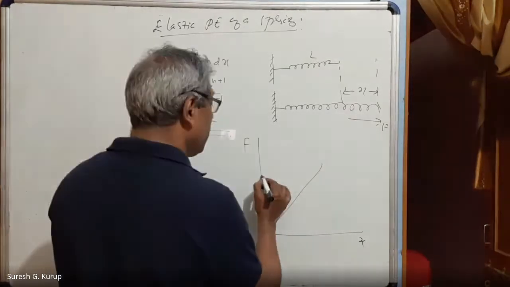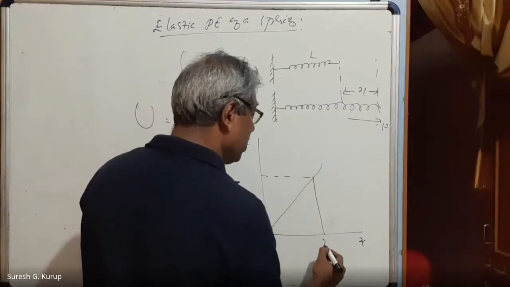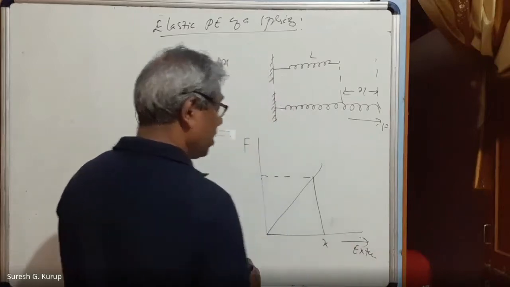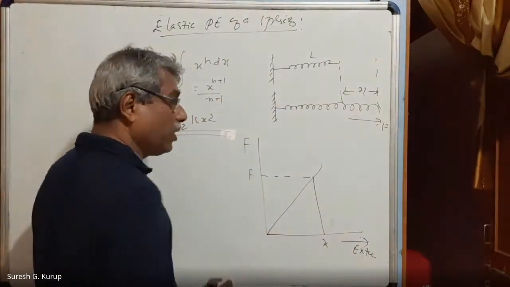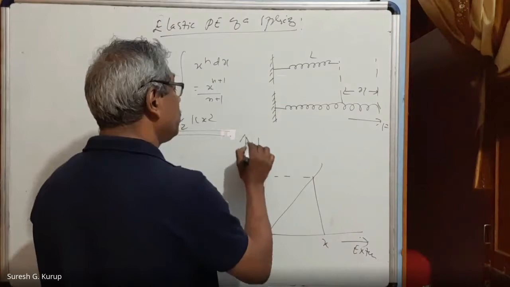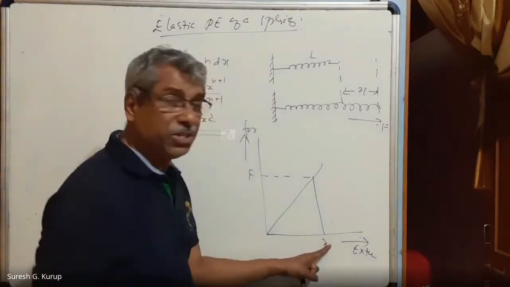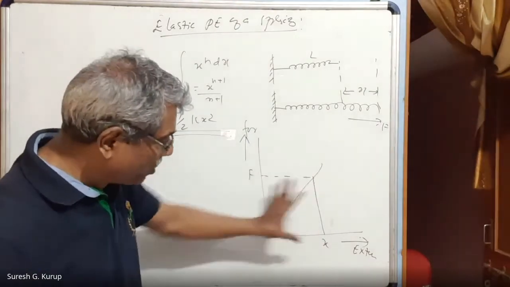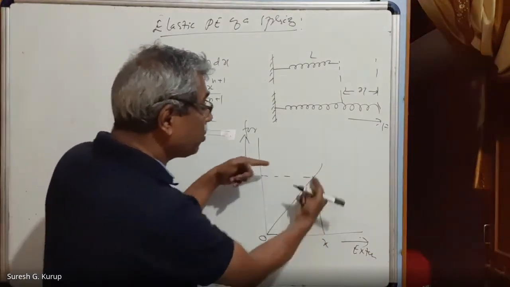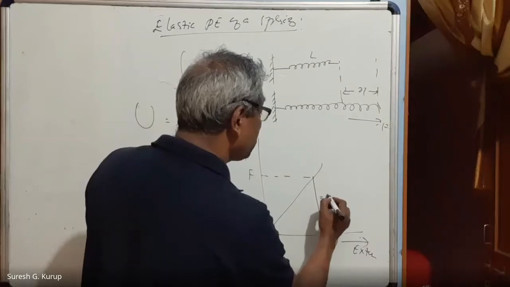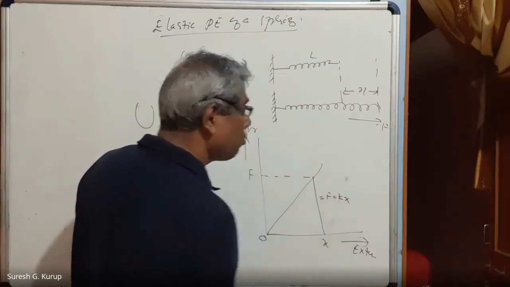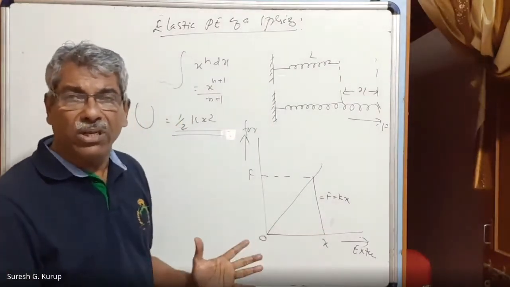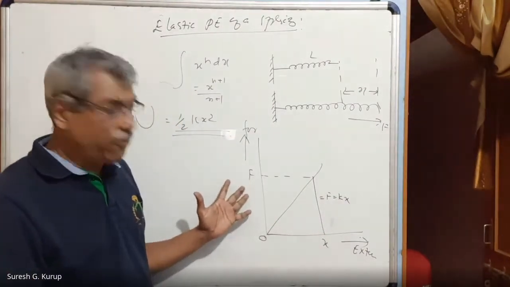This is the extension x, and along this is force F. For an extension x, the force is equal to F, but F is equal to kx. So this is the graph plotted between a variable force and extension.